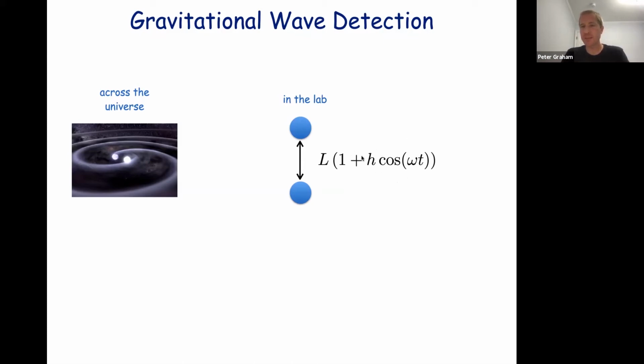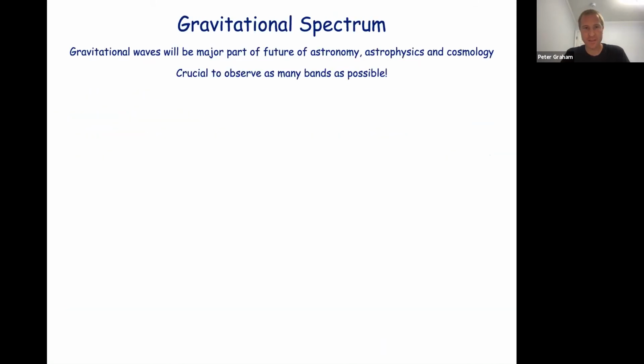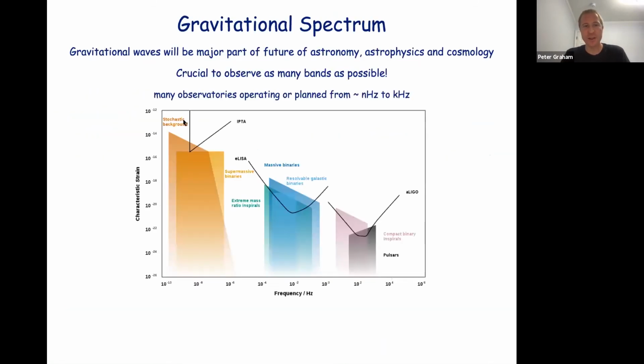h is a dimensionless number, the fraction of the length change, and it will oscillate with the frequency omega of the gravitational wave. Remember those h's you saw on one of the early slides. In fact, let me go back to them. We could be looking for things like 10 to the minus 18, 10 to the minus 20. Extremely small h's.